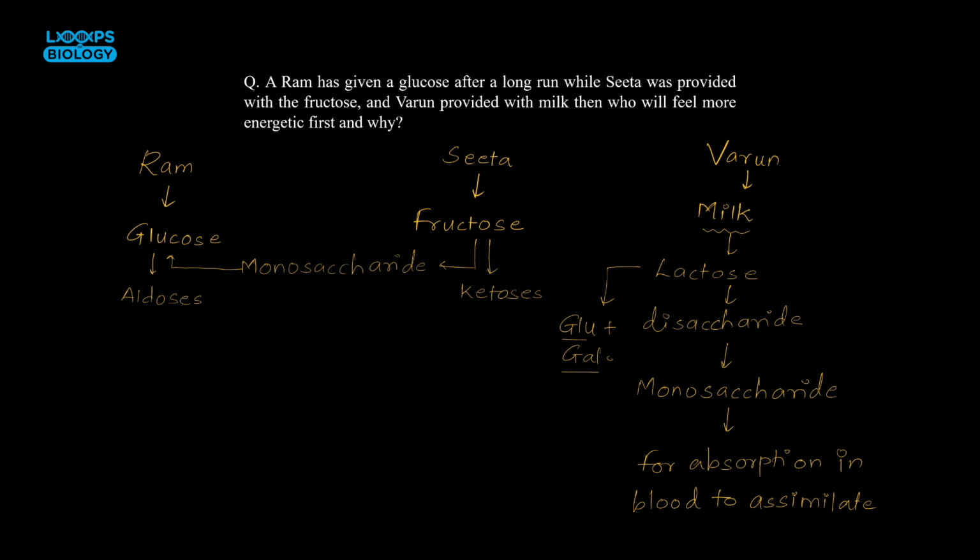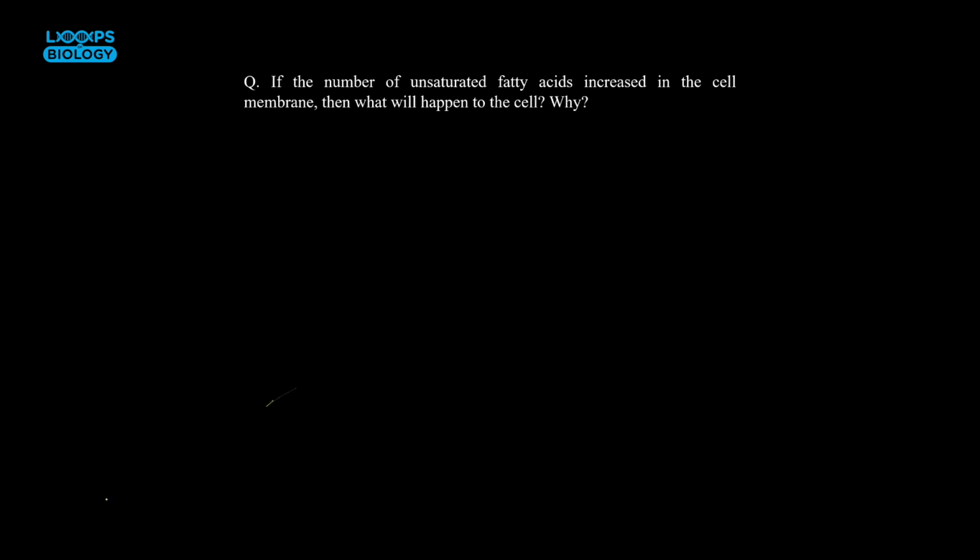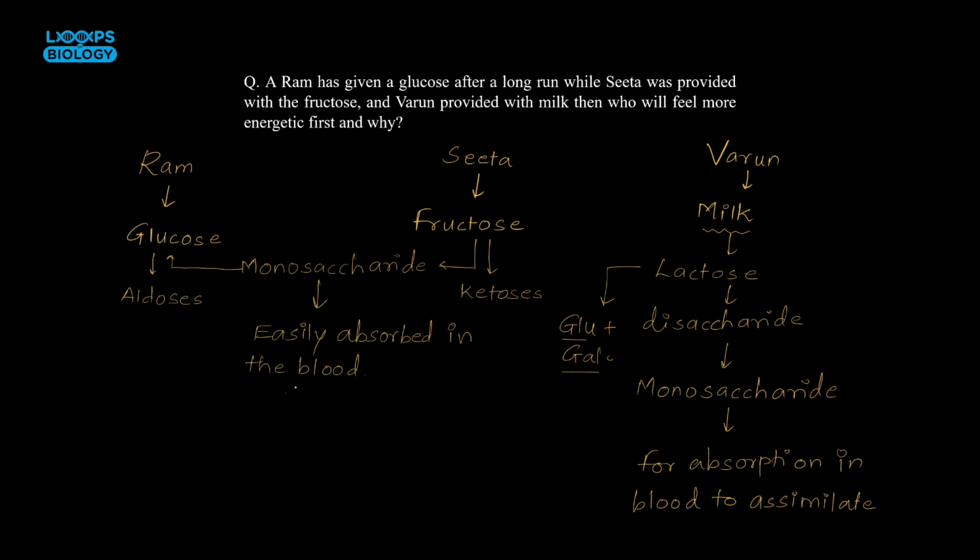While if we consider Ram and Sita, they are provided with direct monosaccharides, which are easily absorbed in the blood. Now, if both are easily absorbed, then which one should be preferred and why? If I am considering glucose, suppose there is a glucose which is transported inside a cell.